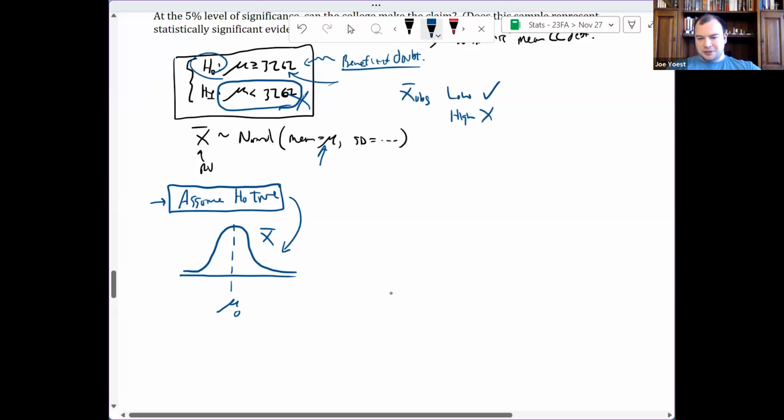So there's some cutoff here. If I reject H naught for a given X bar observed, let's say at 3,000, I'd also reject for 2,900 or 2,800 or 2,700, because that would just be more evidence in the correct direction. It would be further in the direction of providing good evidence against H naught in favor of H1.